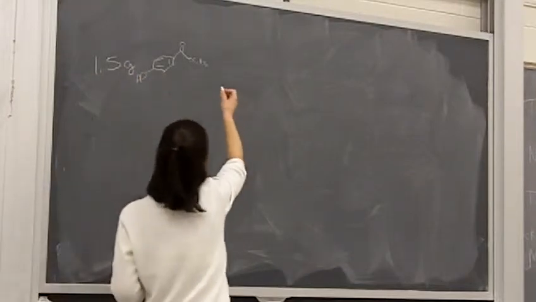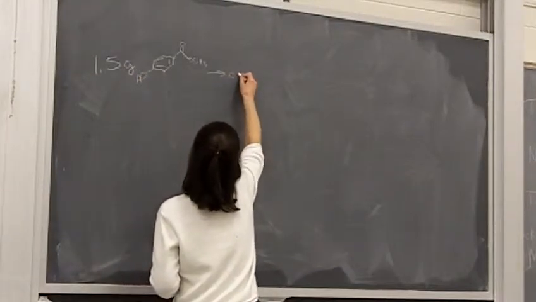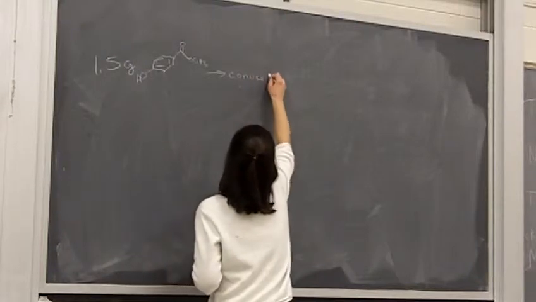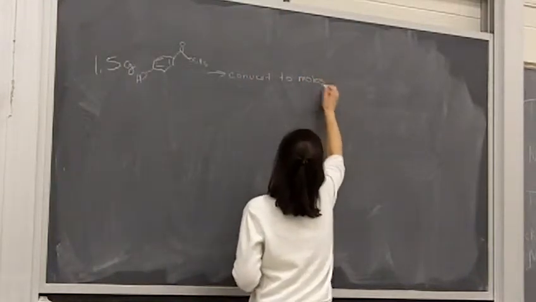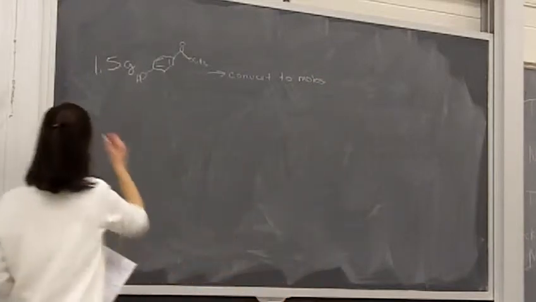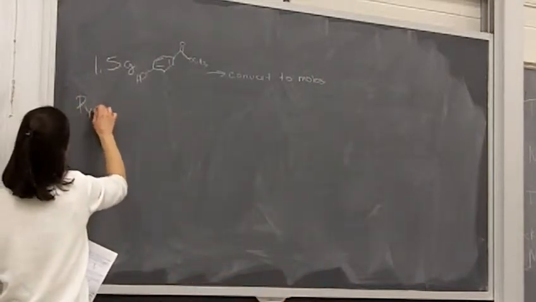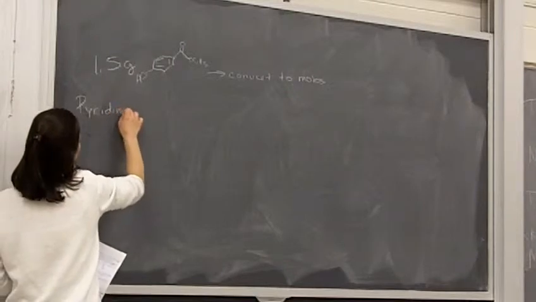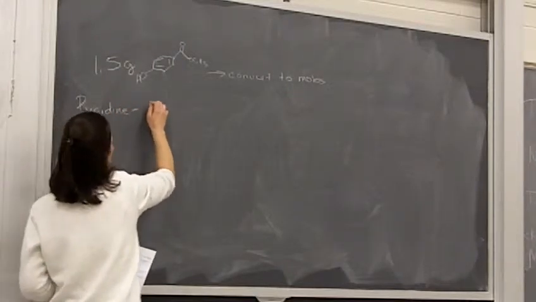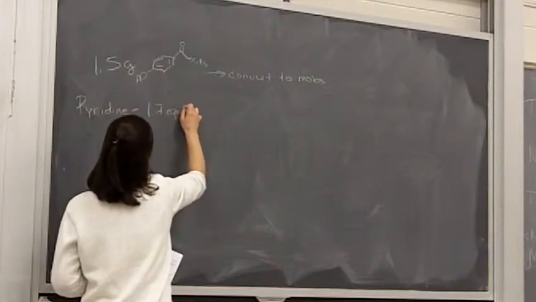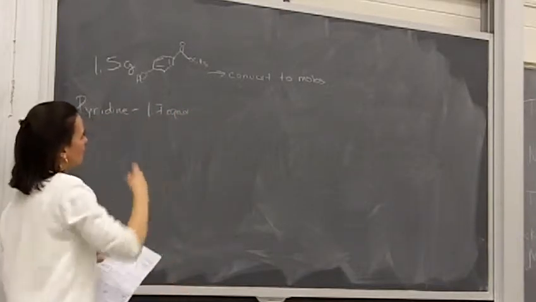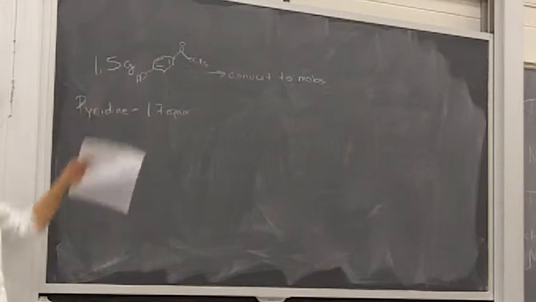So you first of all need to convert this to moles. Okay. For the pyridine, you're supposed to use 1.7 equivalents of your starting material.